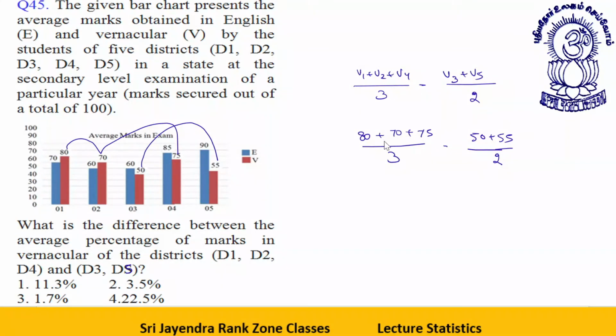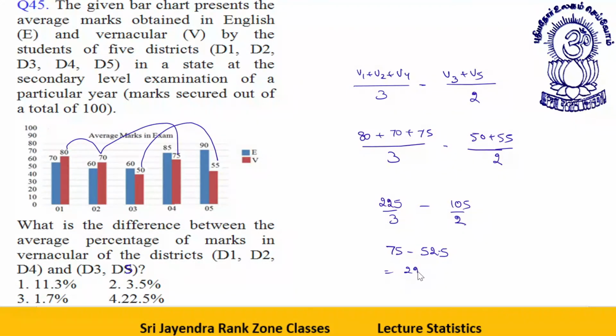So what do we have? 70 and 75 is 145. 145 and 80 is 225 by 3 minus 105 by 2. This is 75 minus 52.5.